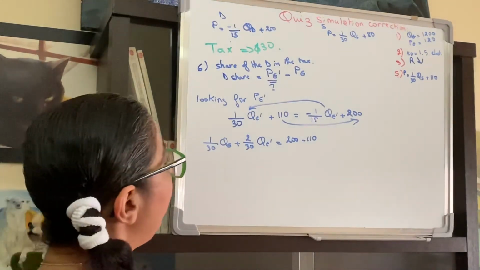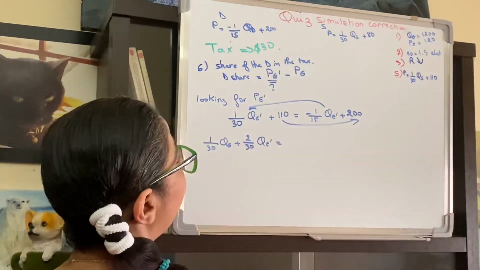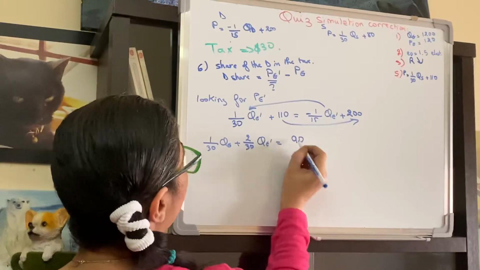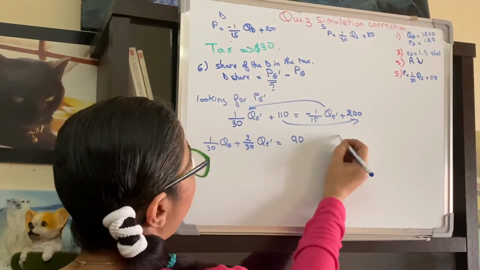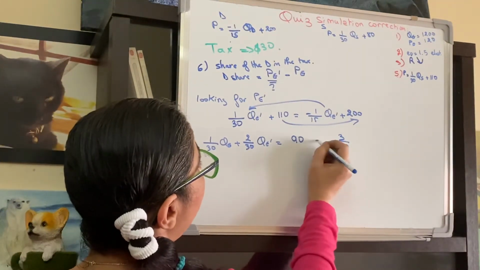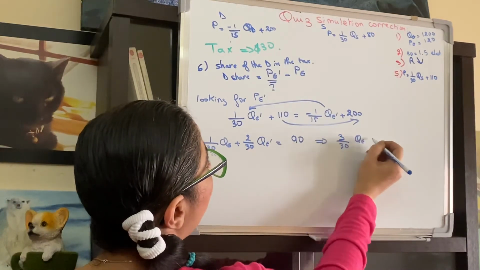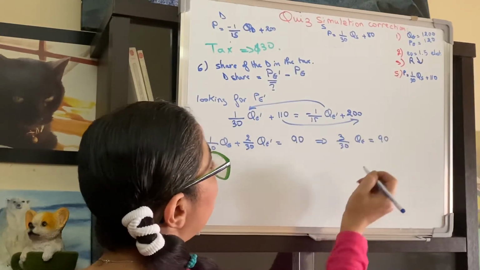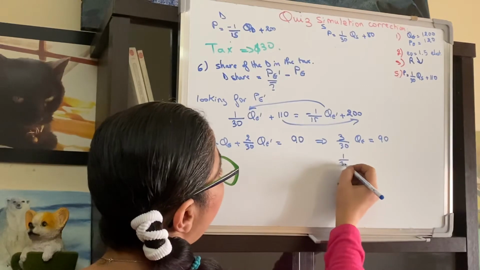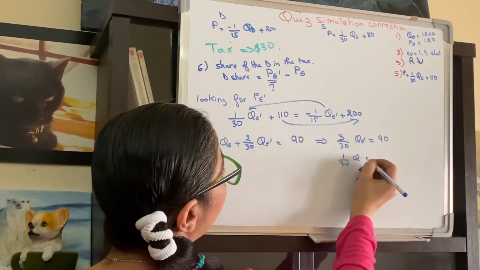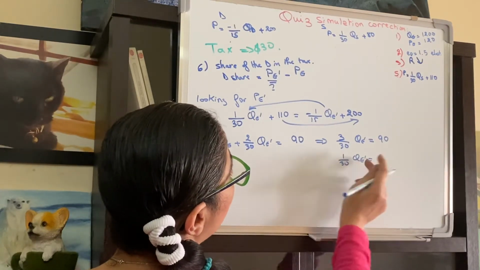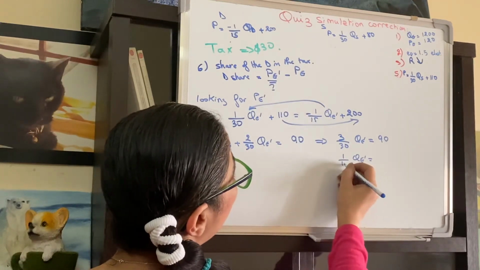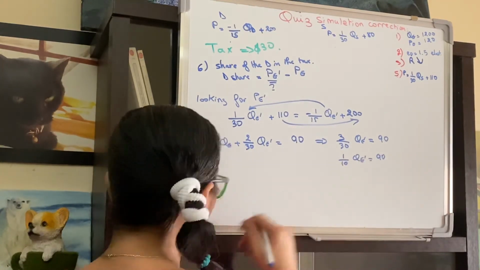It's going to give me 90. So here it's going to give me 3 over 30 QE prime is equal to 90. So 1 over 10 QE prime is equal to 90.